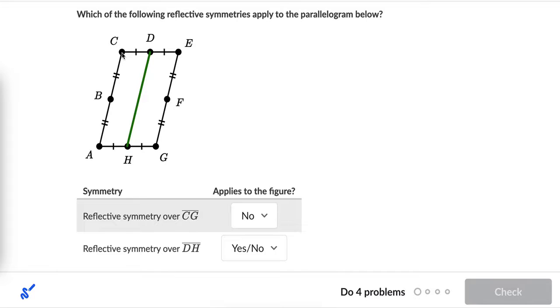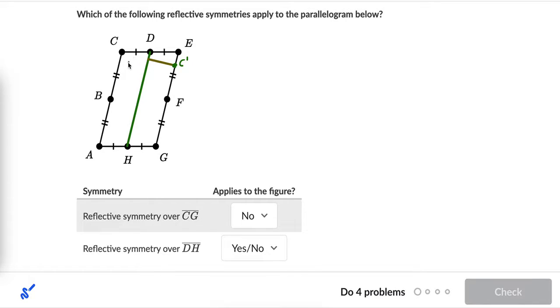So let's do that. Let's start first of all with the perpendicular line, and we're going to try and get it as perpendicular as we can. It's not quite, but I'm sure it's close enough. We take that perpendicular line, and we measure out the same distance on the opposite side. We would expect to see the point C dash right here, and it is not.